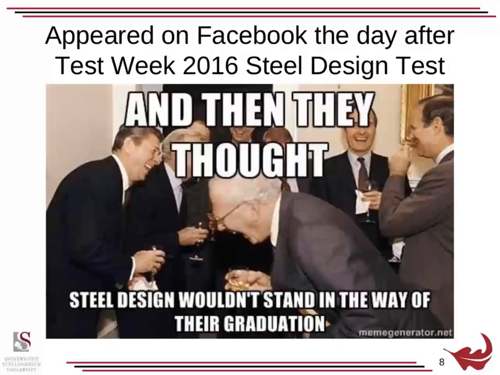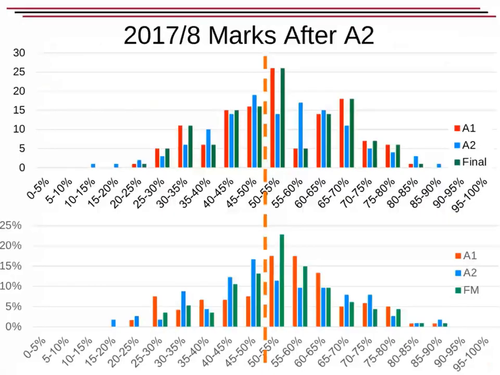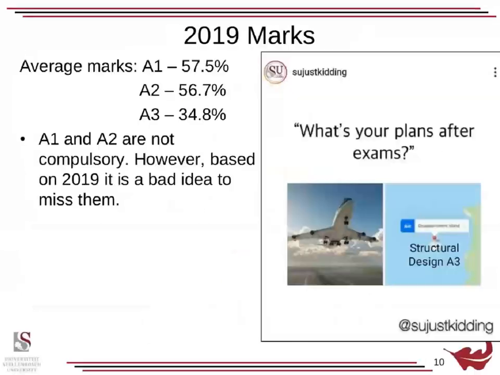The course marks often are a struggle. This is the 2017 and 2018 mark. And so you'll see A1, A2, and final. In each of these cases, all of those people failed and had to write A3, and some of them passed after A3. And just a warning, a lot of people think, well, I'm just going to leave it to A3.